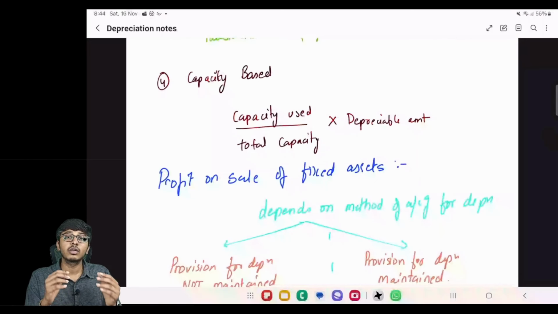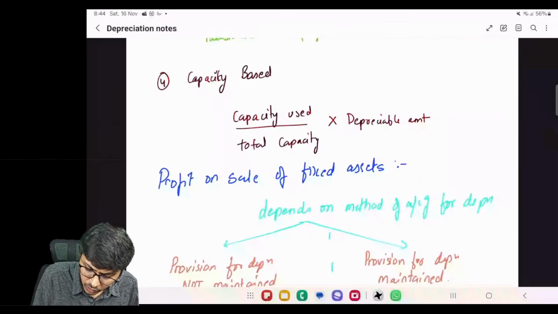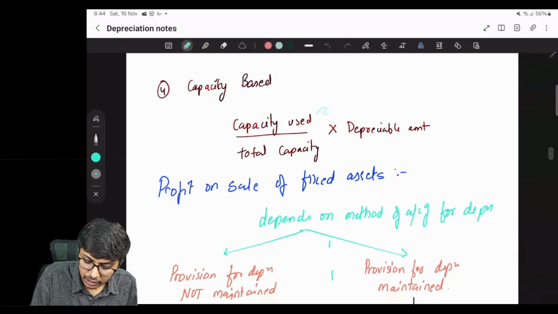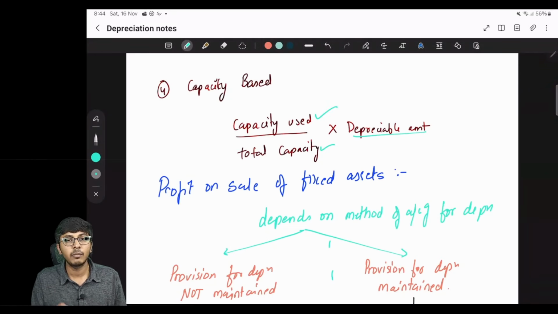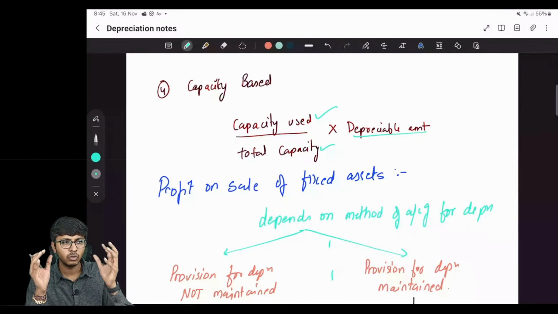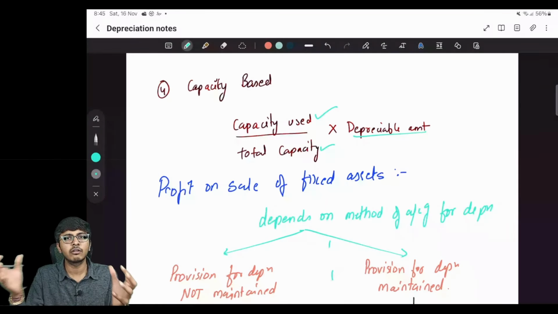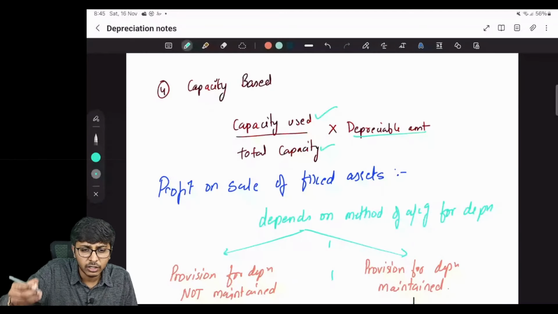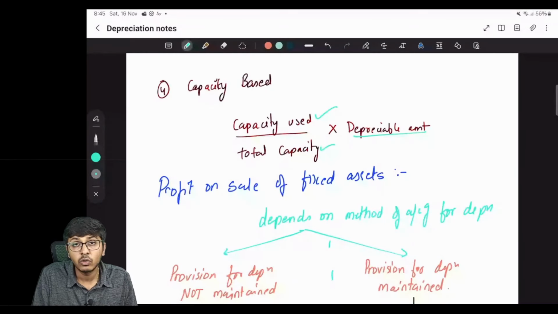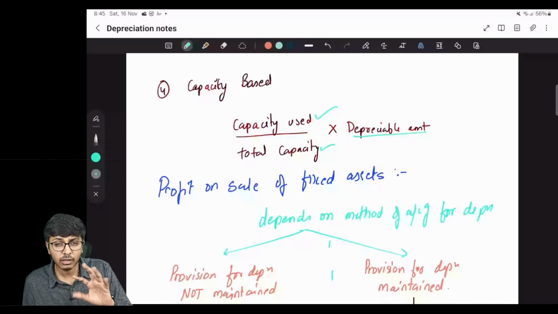The depreciation is the capacity that you have used in this year, divided by the total capacity, multiplied by the depreciable amount of that asset. Depreciable amount, I'm repeating again and again, is total cost minus the scrap value.